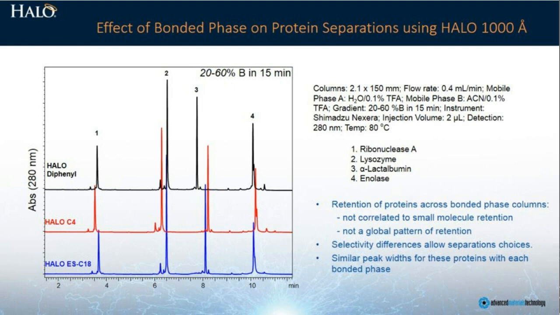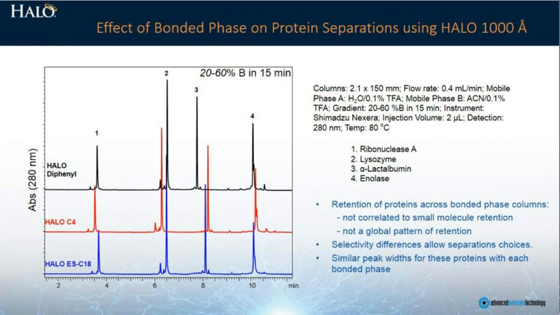What I'd like to point out is that if you look at the retentivity of these three different bonded phases, of course, diphenyl is the least retentive. C4 would be, for small molecules, the next most retentive, and the C18, as many of you are probably aware, would be the most retentive material.